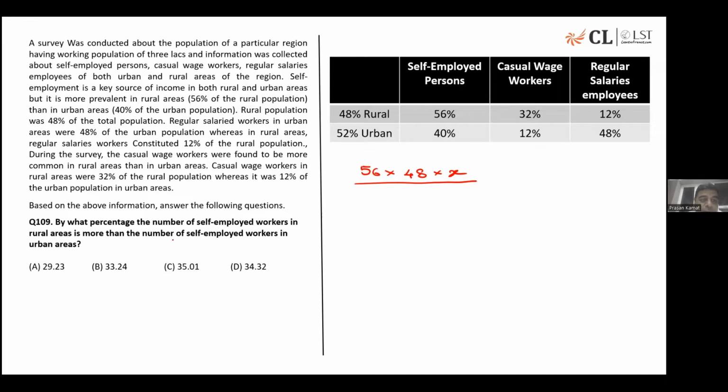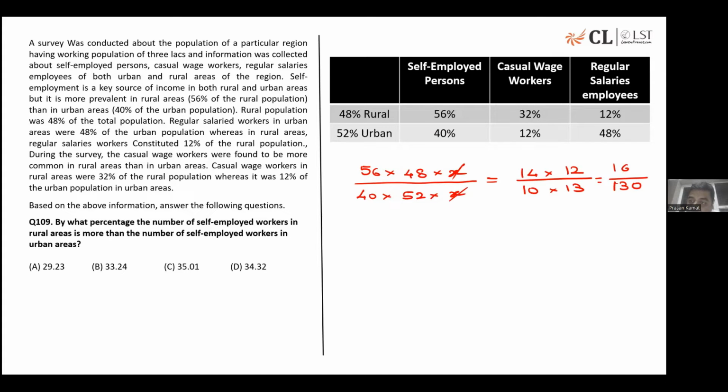Upon the self-employed in urban, urban is 40% of what? Of 52% who are in urban of the total population. So this is anyway not important for me. All of them are multiples of 4, so I can cut it. It's 4 14s and 4 10s, and this would be 4 12s and 4 13s. Now I'm getting a very sweet denominator, which is 130, so I'll keep it there.